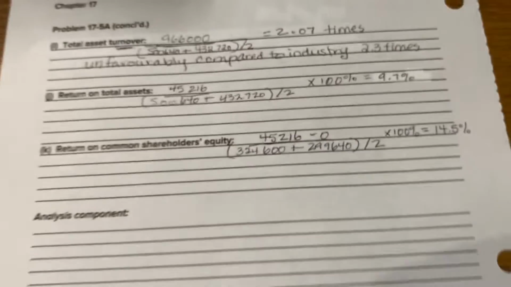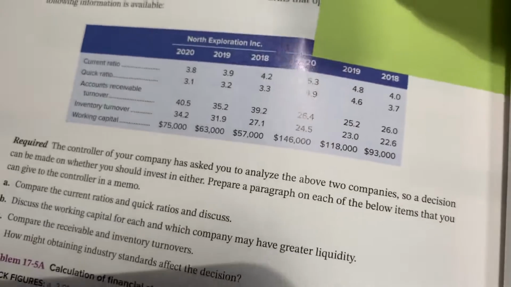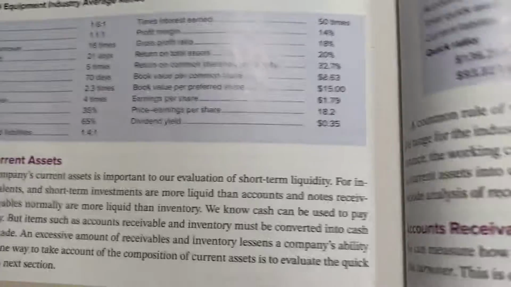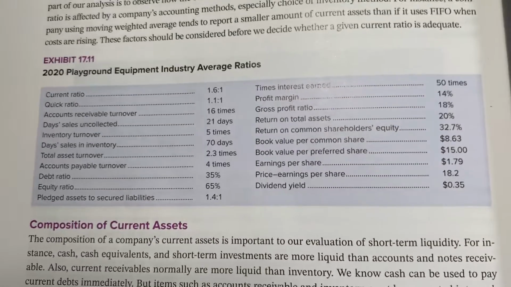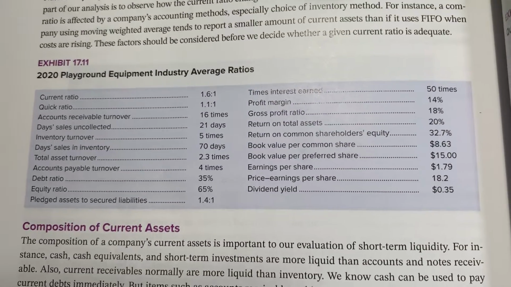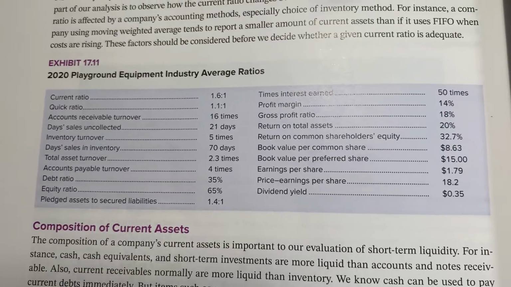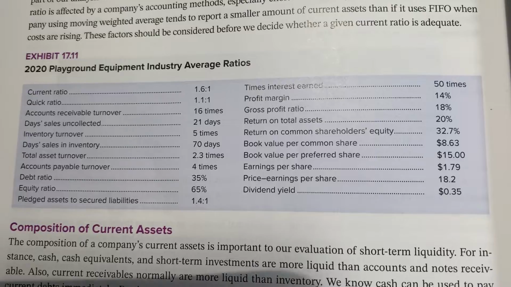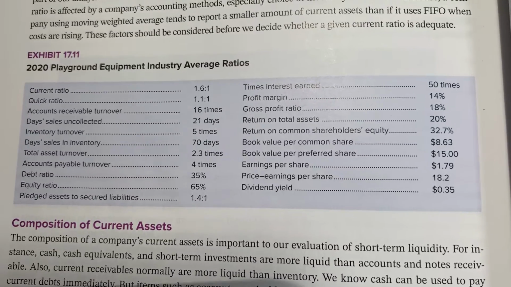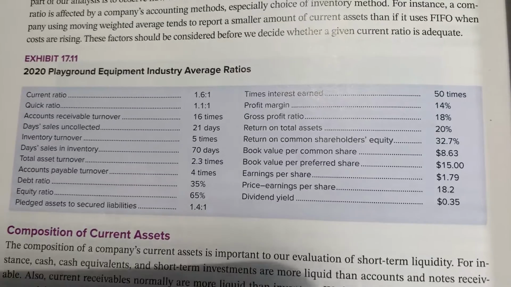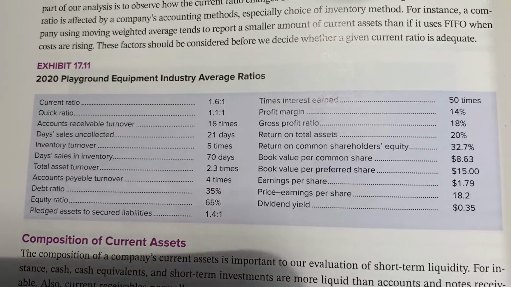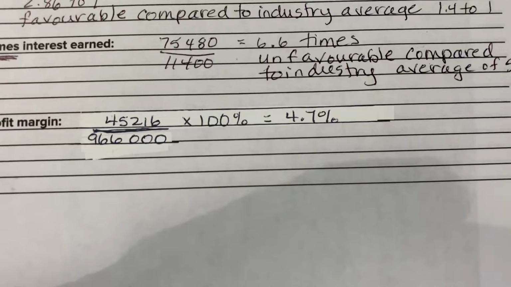Now, in order to figure out if that's good or not, we're going to look at industry average. So we'll turn back to page 1122, Exhibit 17.11. First of all, we're going to look at our profit margin. The industry average profit margin is 14%. If we look at ours, it was 4.7%.